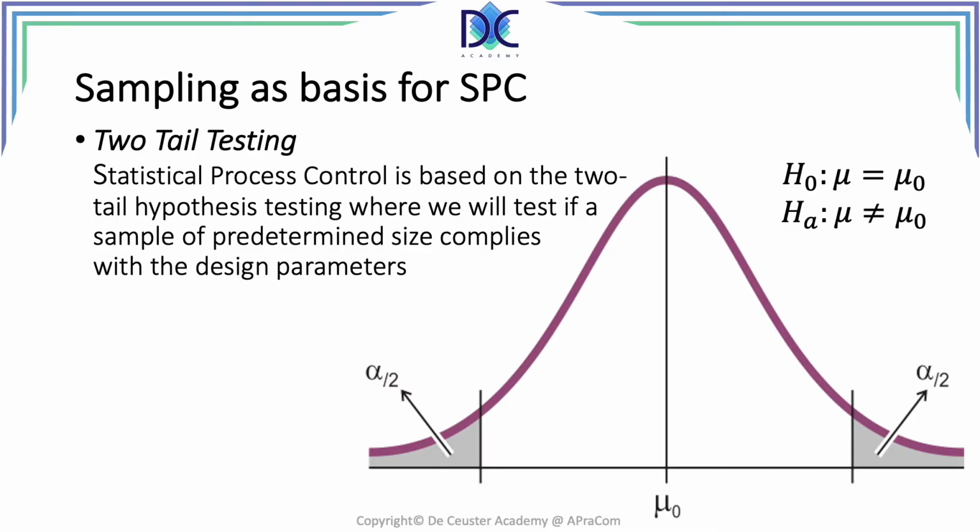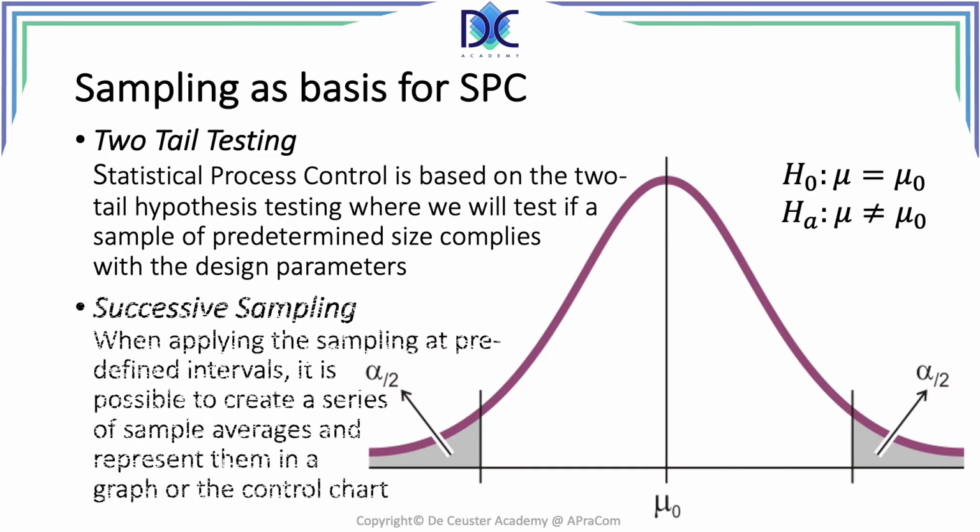So basically, the two-tail testing will tell us if the sample that we took complies with the null hypothesis or not. And once we find out that the sample average is between the borders, we can say that the sample is accepted. So we consider that the process is producing items which are in fact according to the specifications.